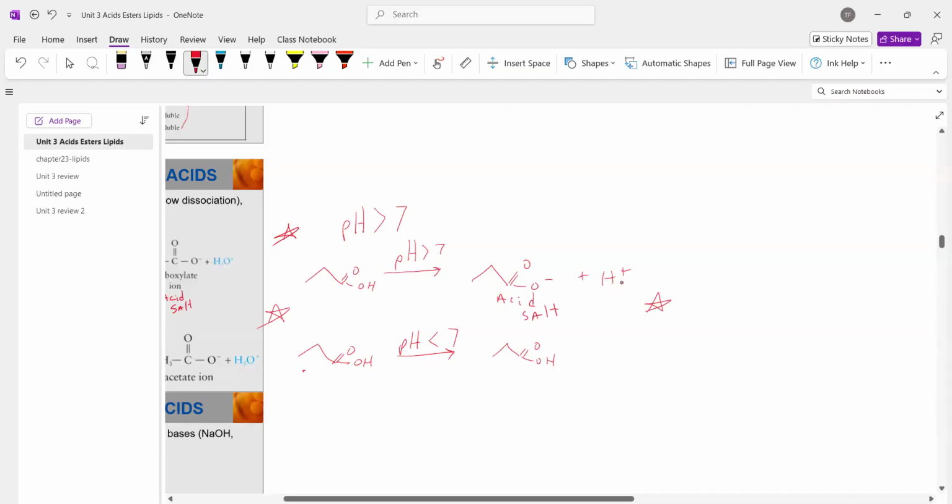And pH less than 7, so this is an alkaline, and this is an acidic environment. In an acidic environment, nothing happens because there's nothing to pull off that H. Here, what pulls it off would be the base.